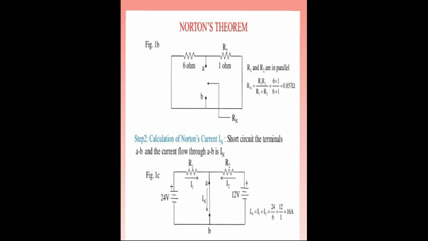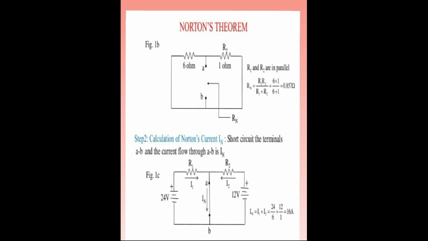So the value of IN or ISC is the sum of I1 plus I2, where I1 is due to the 24 volt source and I2 is due to the 12 volt source. So IN is I1 plus I2, that is 24 upon 6 plus 12 upon 1. So the value of IN is 16 ampere.